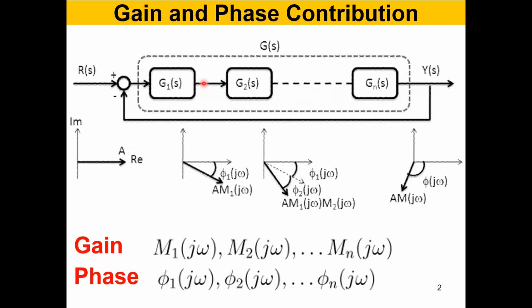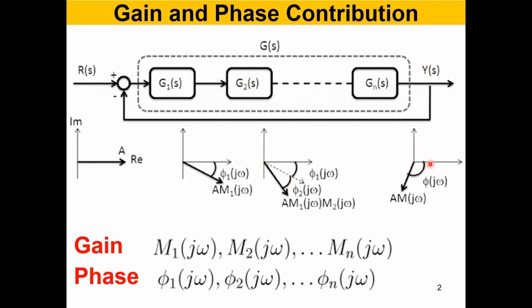Sometimes phase advance, but most of the time phase delay. So when it goes to the second block, the second block will also introduce an attenuation and also a phase delay. This process continues and eventually you get an output over here.